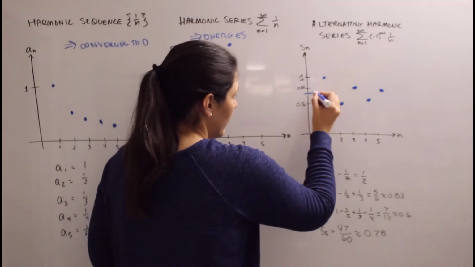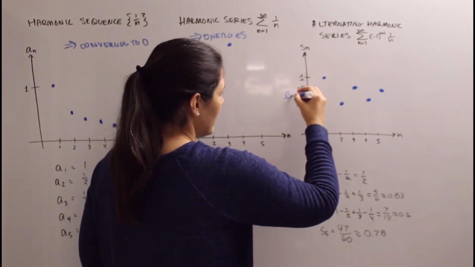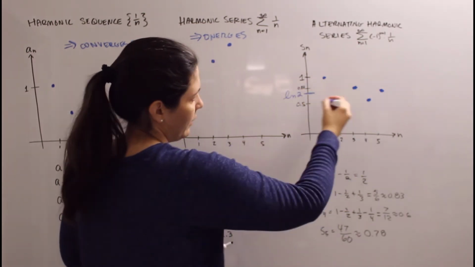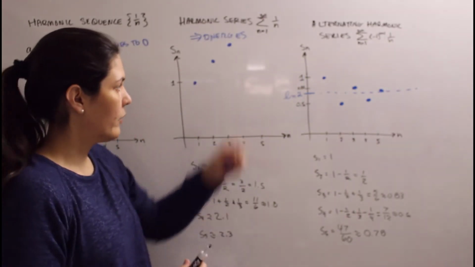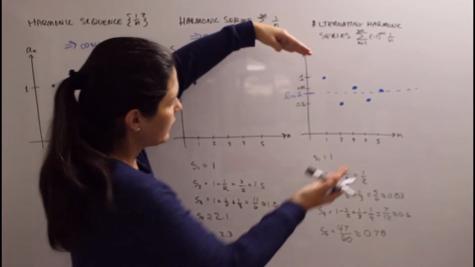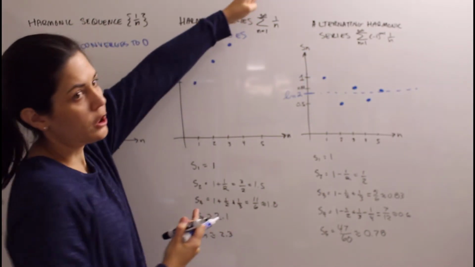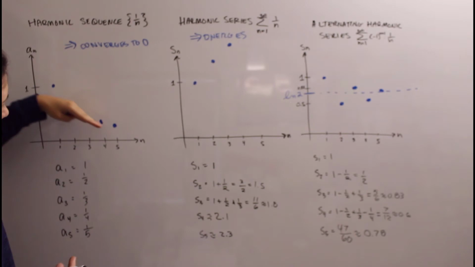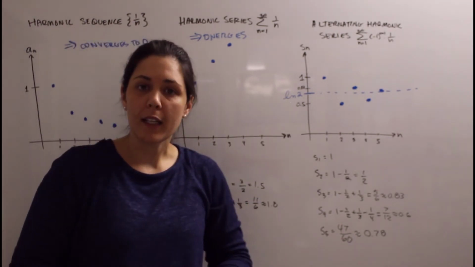We're not going to go into how we get this number right now, but just so you're aware, this number is natural log of 2. That's what this series converges to. So visually, this one's converging to some value. This one was diverging. This one was also converging to some value. I just wanted you to visually be able to put that together.